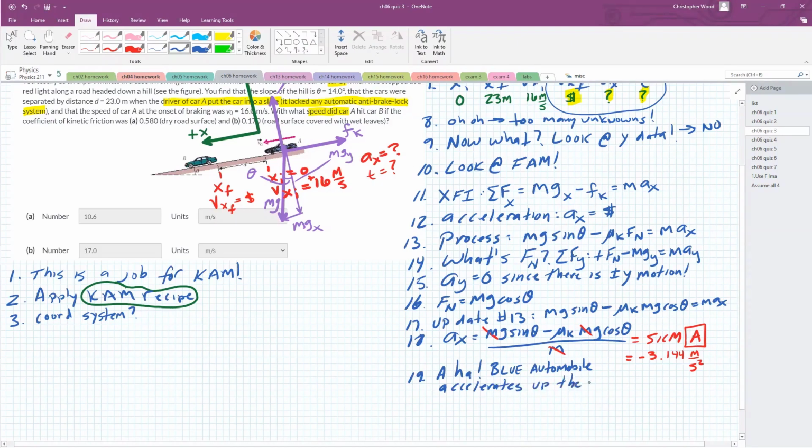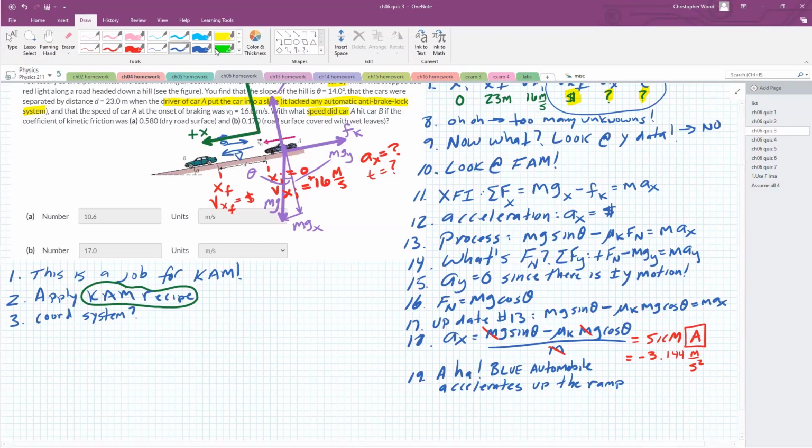Isn't that interesting? Let me say that again. You slam on the brakes and you are moving down the ramp, but as you move down the ramp, you're slowing down. If this is your velocity vector, your acceleration vector is up the ramp, and that means slowing down.